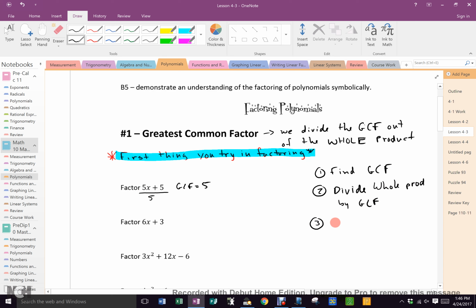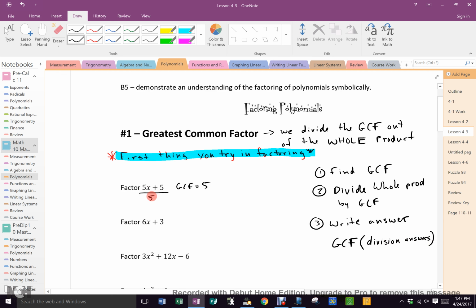Step 3, we write the answer. And the answer is always this: GCF, then a bracket, and then all your division answers. And here's what I mean.